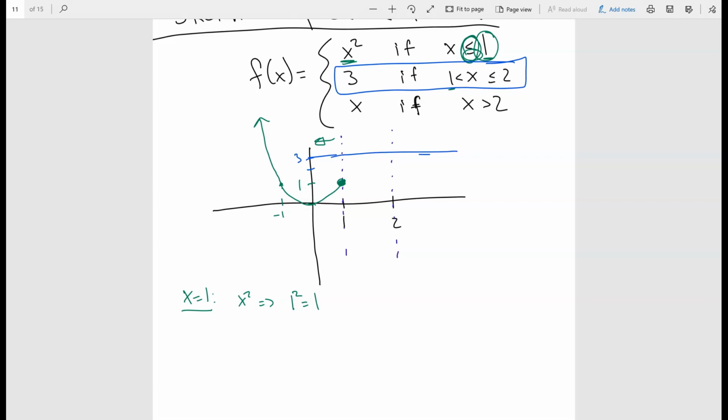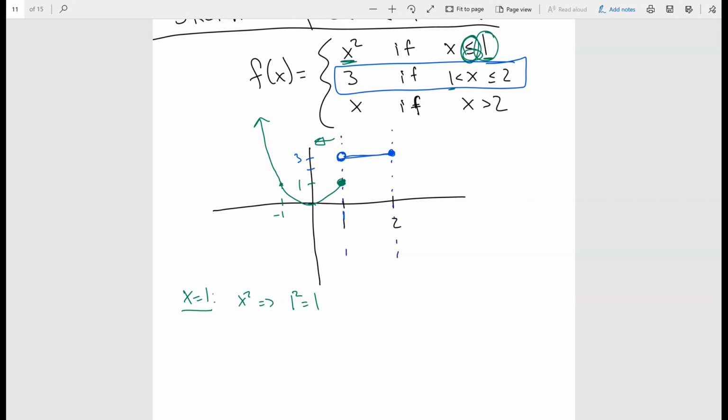It's only defined at certain points. This graph is only defined from 1 to 2. So at 3 here, at 1, going up to 3, this is not included. And then I'm including the 2. So this graph looks like this. It's just a straight line.